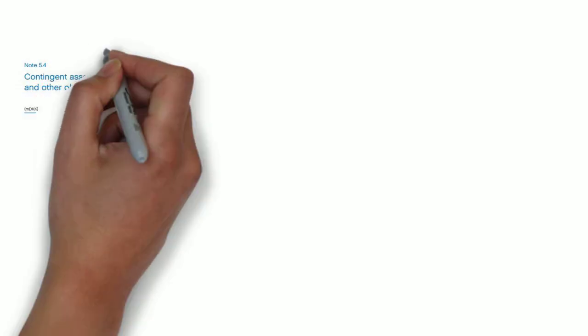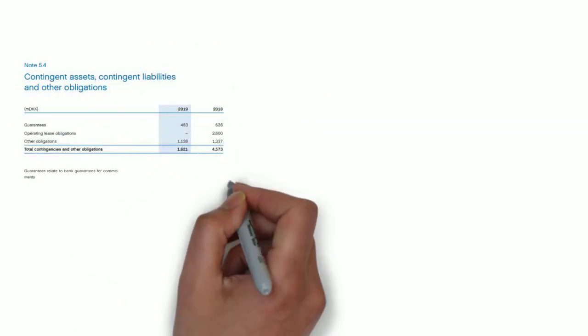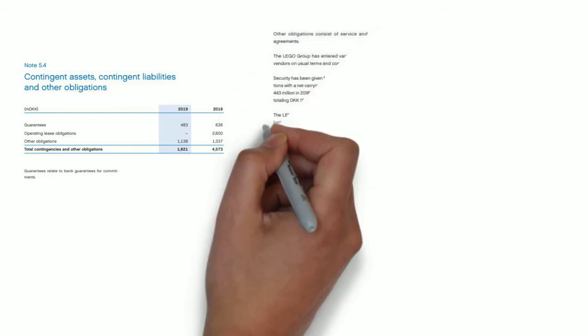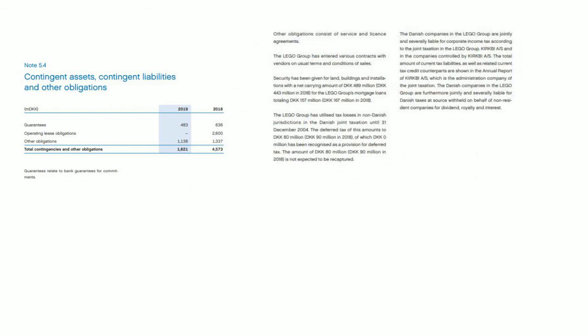How does this normally look? Well, let's go to an example here. What we have here is the disclosure from the annual report of 2019 for Lego. This is one of their notes in the accounts, which is for contingent assets, liabilities, and other obligations. In that you can see they've identified guarantees separately and other obligations, or contingent liabilities, separately.